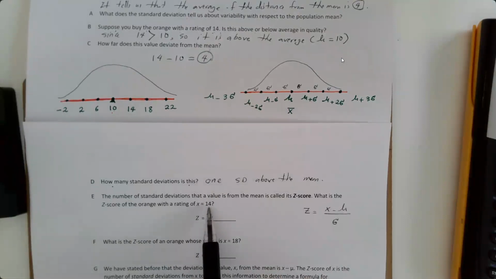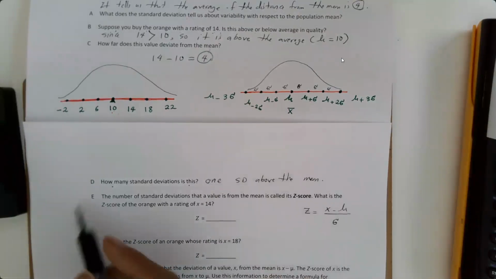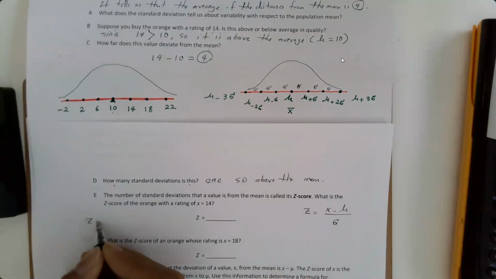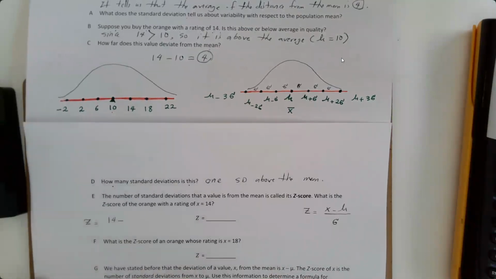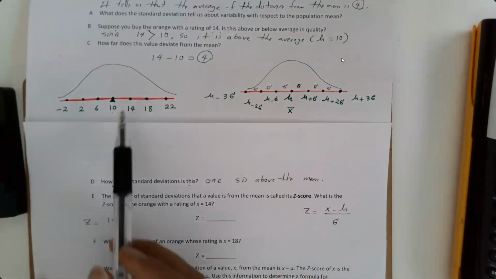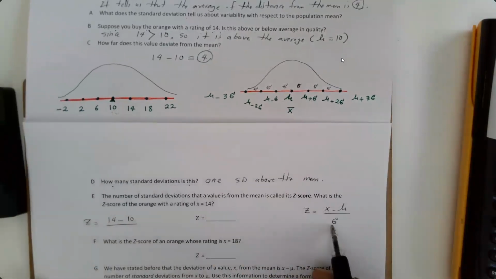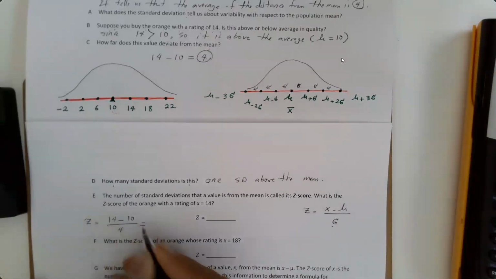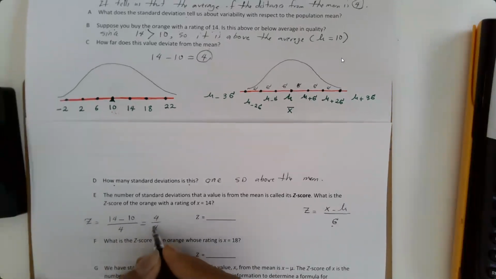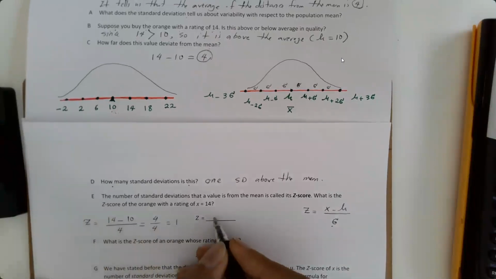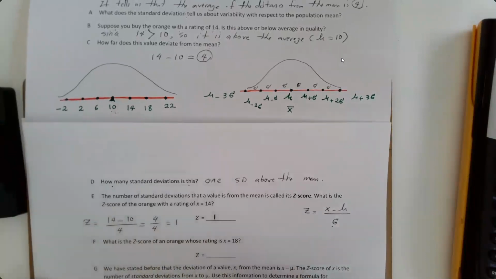X is equal to 14. So we have z equals 14 minus, what is the mean? We know the mean is 10. What is the standard deviation? Standard deviation is 4. 4 divided by 4 is 1. So z-score is 1.